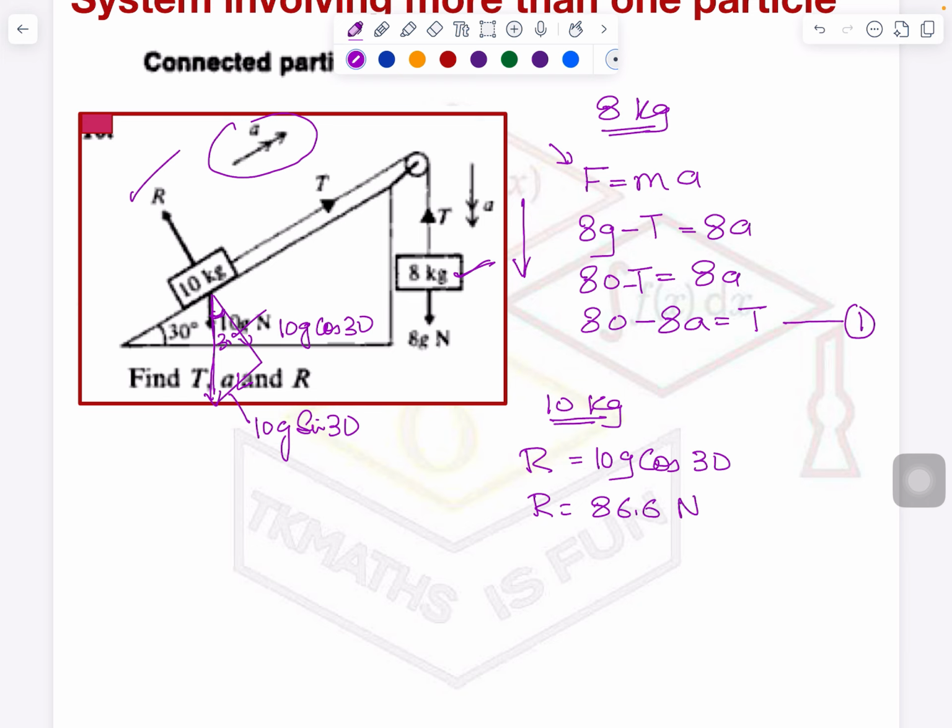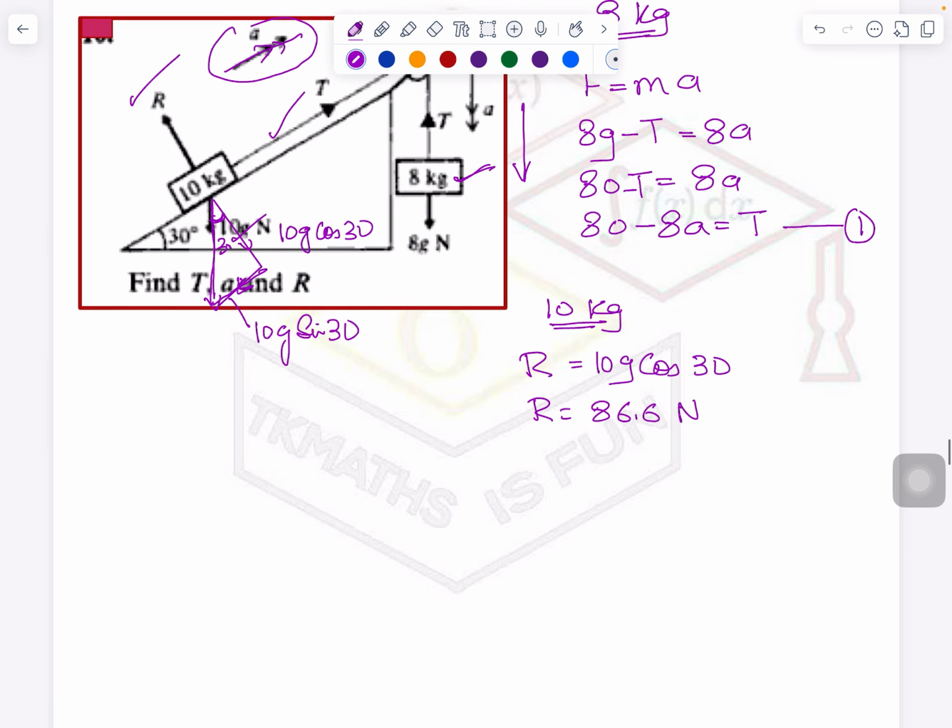Now if we see parallel to the plane, T is acting upward and the particle is moving upward. It means the downward force parallel to the plane, which is due to the weight, is less than T. So using Newton's second law of motion, what will it become? You tell me and I will write here. Yes, you are right.